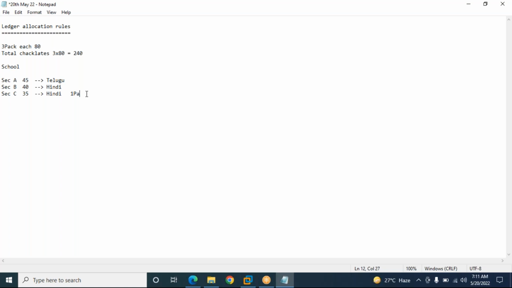If I'm giving one pack to each class, there is a discrepancy. Then how many quantity here I need to provide? I need to give 90 here, 80 here, 70 here. Okay, is it fine? How have you arrived at this quantity? What is the logic? How was it arrived?